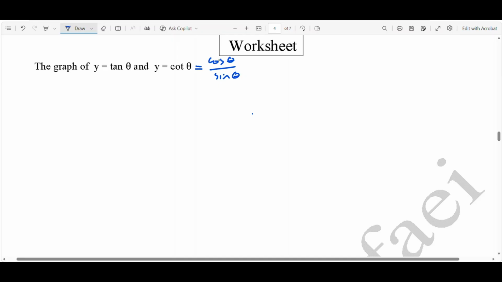No, cos theta over sine theta. And I'm going to use a restricted domain where theta is more than or equal to 0, less than or equal to 2 pi: 0, pi over 2, pi, 3 pi over 2, 2 pi.